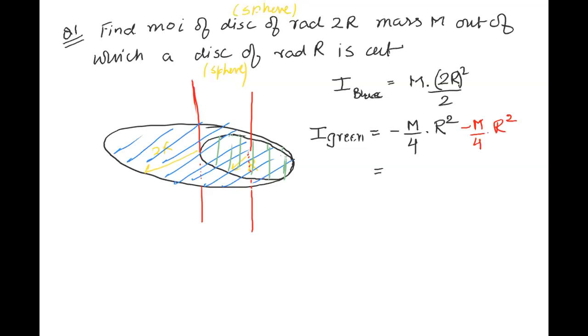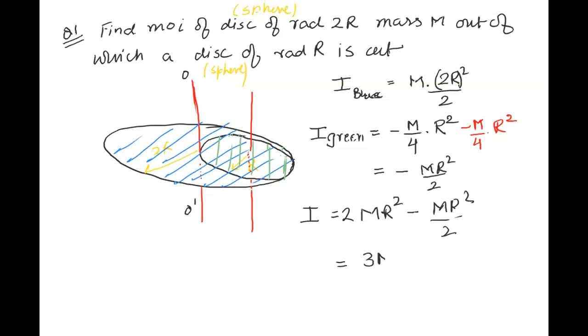What is the moment of inertia of the green disk about the axis OO dash, let's say, be equal to minus mr square by 2. So moment of inertia of the object will be equal to 2mr square minus mr square by 2, which is equal to 3mr square.